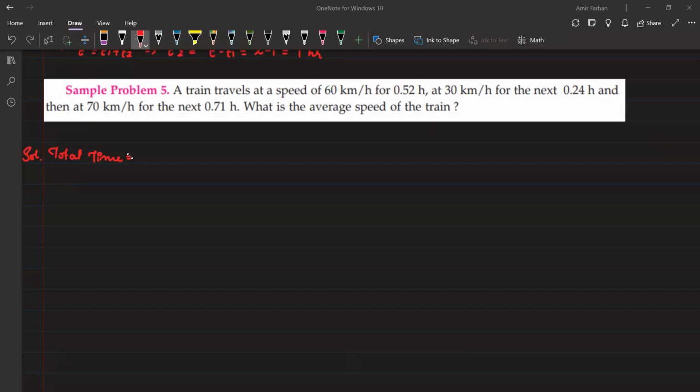So the total time will be equal to T1 plus T2 plus T3. It is 0.52 plus 0.24 plus 0.71.